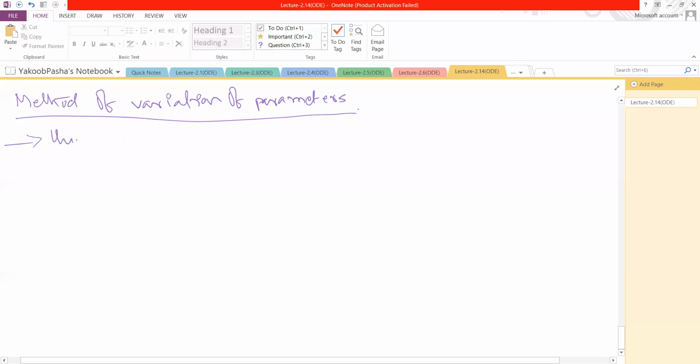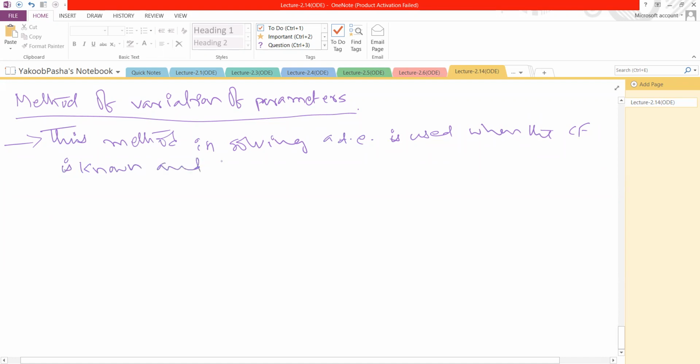This method in solving a differential equation is used when the complementary function, the CF, is known or easy to find, and the particular integral is difficult to find by other methods.